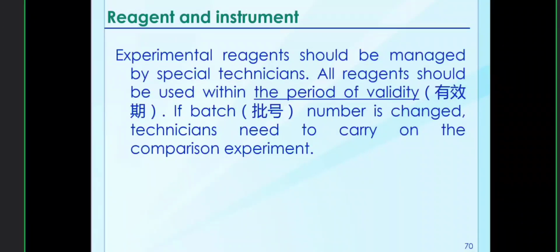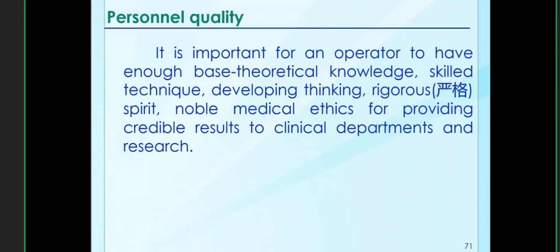All reagents should be used within the period of the validity. If batch number is changed, technicians need to carry out the comparison experiment. Personnel quality. It is important for an operator or for a technician to have enough base theoretical knowledge, skilled technique, development seeking, rigorous spirit, noble medical ethics for providing credible results to clinical departments and research.